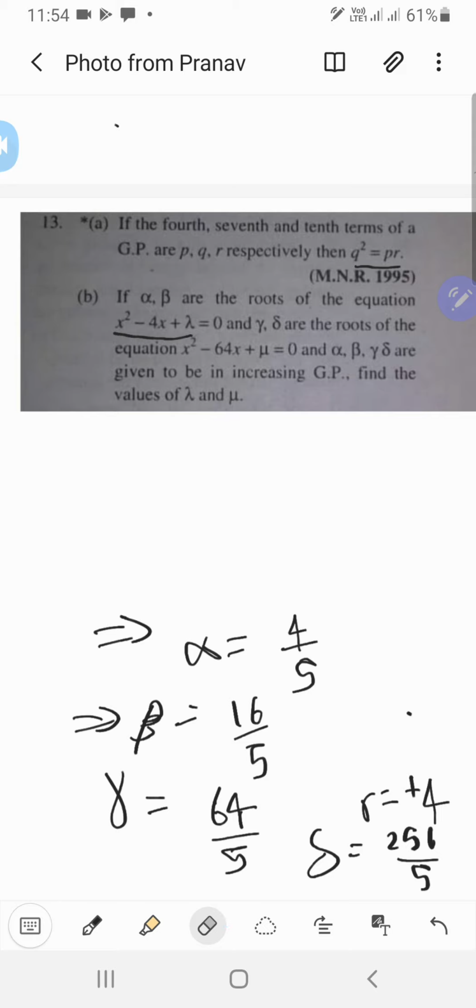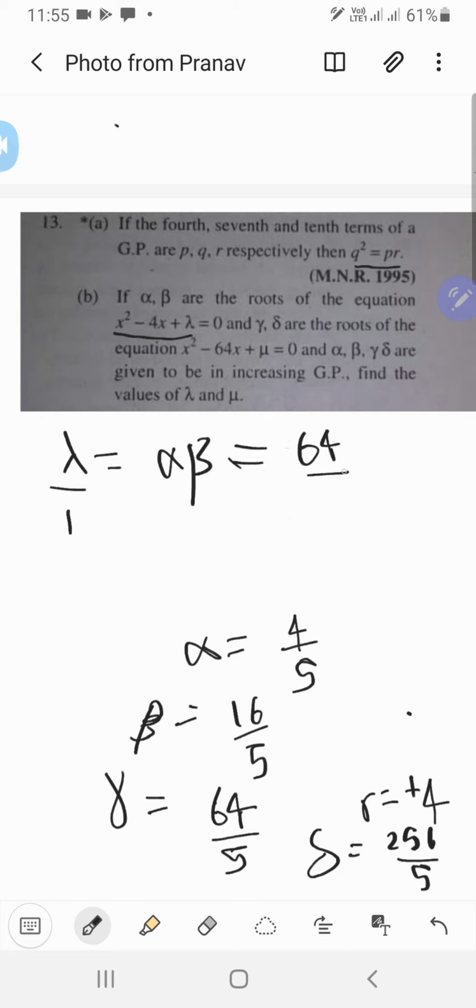So just erase everything. Okay, so our lambda is going to be equal to, actually, lambda upon 1 is equal to alpha times beta, but that 1 doesn't matter, whatever. So alpha beta is going to be this thing times this thing, which is just 64 upon 25, and then mu is going to be equal to gamma times delta, which is 64 by 5 into 256 upon 5.